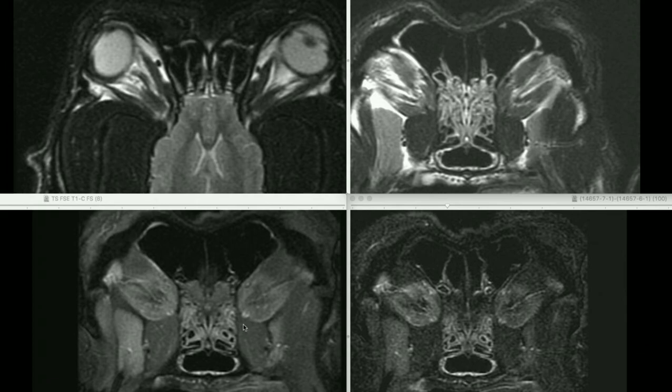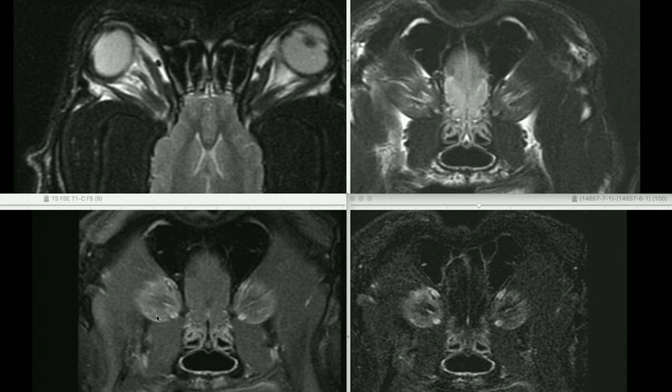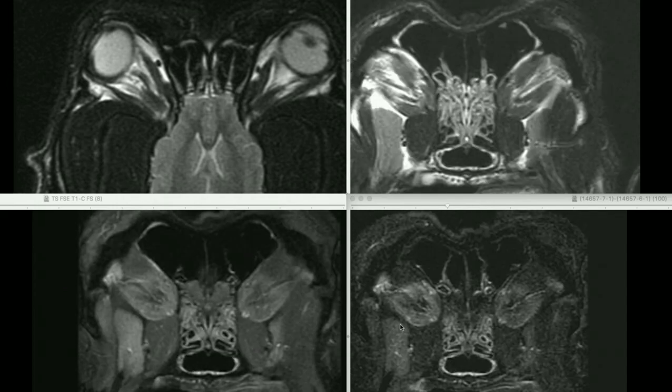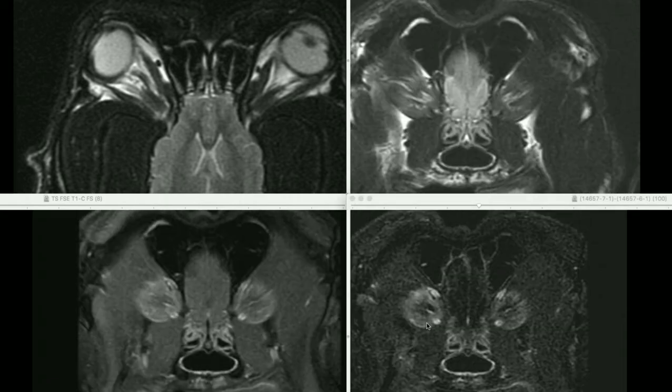I think probably we see the difference better on the post-contrast images, whereby if we look at the degree of enhancement of the extraocular muscles, we see that on the right we see this relatively greater enhancement, and particularly on the subtraction. So here we have the typical appearance of denervation changes in skeletal muscle.